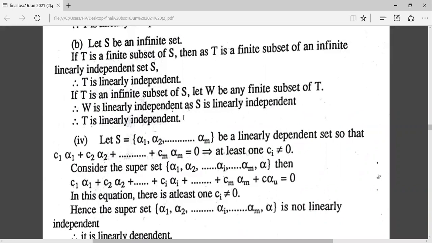Hence, T is also linearly independent. This is something like a chain because W is a subset of T is a subset of S. Note the logic there. Because it is a finite subset, it is linearly independent. Hence, the subset T is also linearly independent.